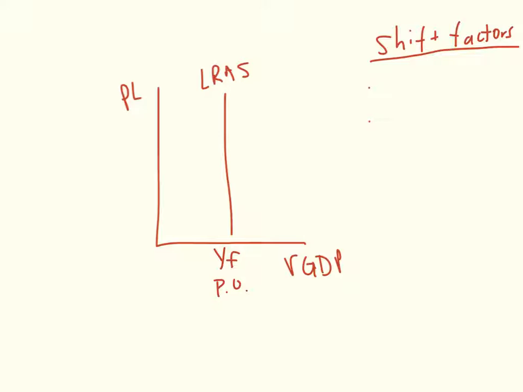So the shift factors for the curve are the same as production possibility curves. New and better technology will increase LRAS, and so will newer, better resources. And we tend to focus in this case on the idea of capital formation.